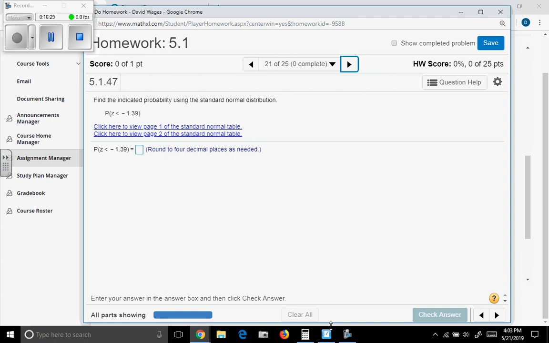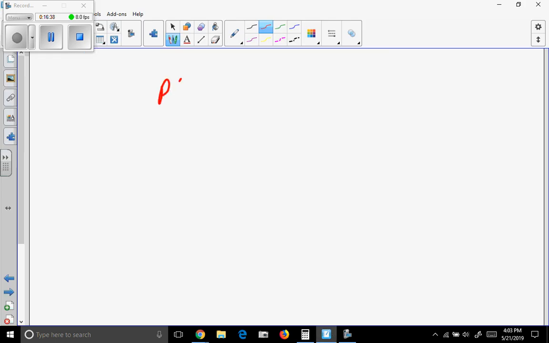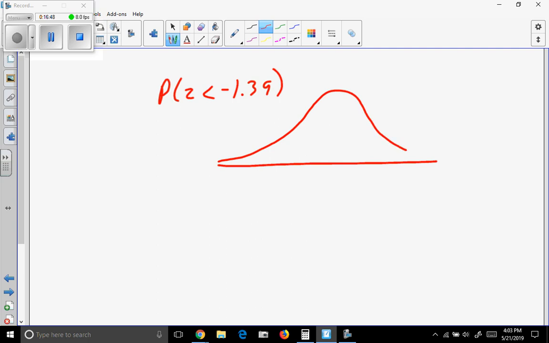So next, let's answer this question. What is the probability that z is less than negative 1.39? So let's draw that. Remember, 0 is the middle, the mean, and so negative numbers are this way.